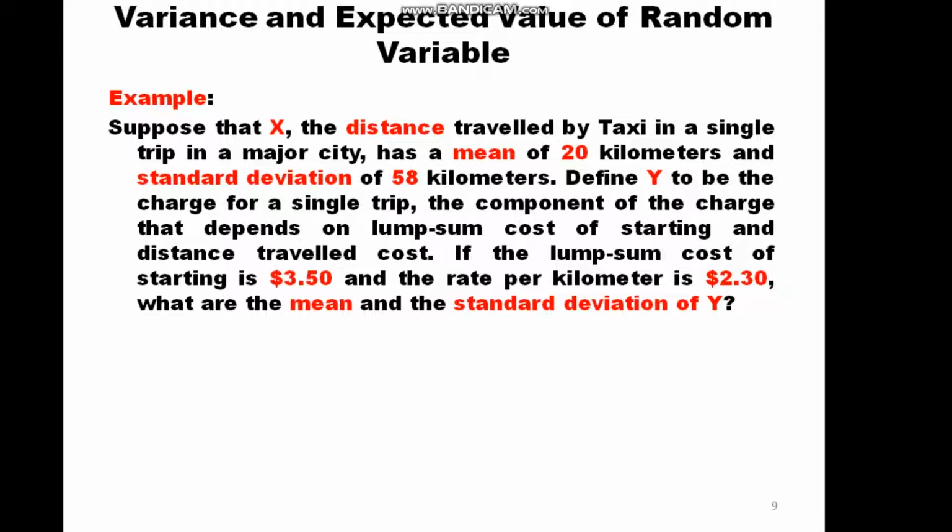What we need is to define random variable y to be the charge for a single trip, the component of the charge that depends on this x. The random variable y depends on the lump sum cost of starting and the distance traveled cost. What does this mean? The lump sum cost of starting is $3.5.